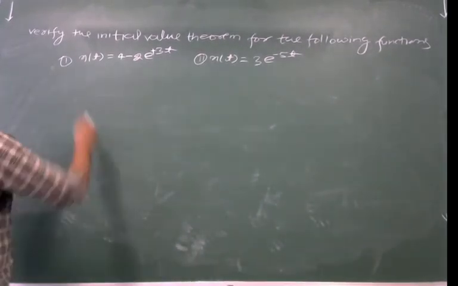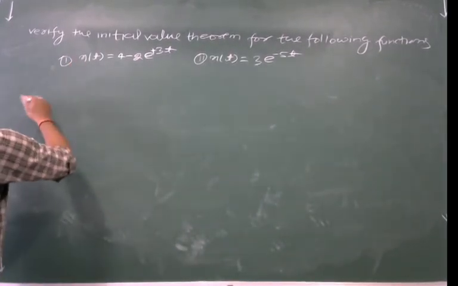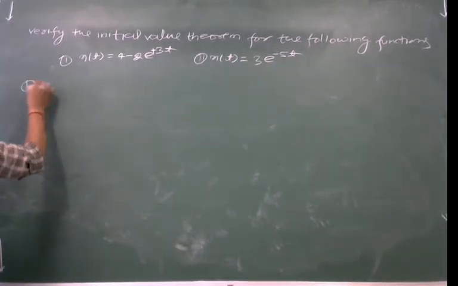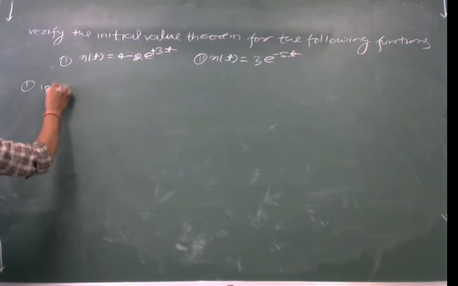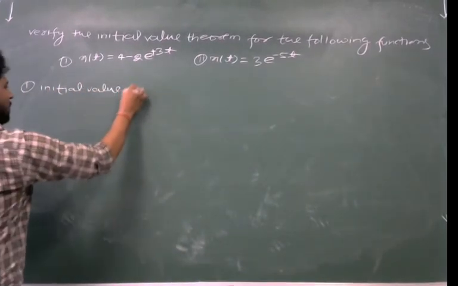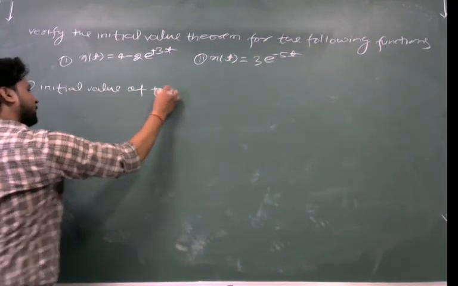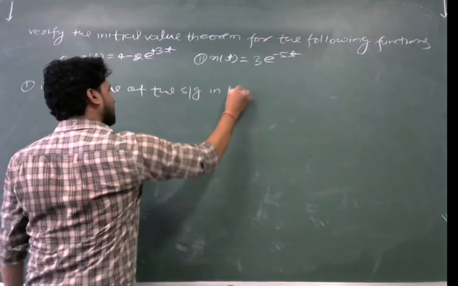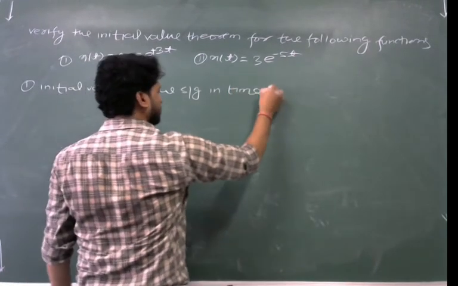So we have to verify the initial value. Means first we will get the initial value of the signal in time domain itself by putting t equal to 0.